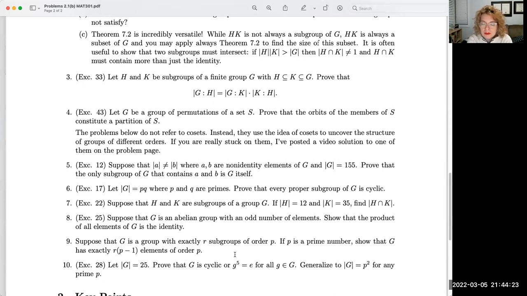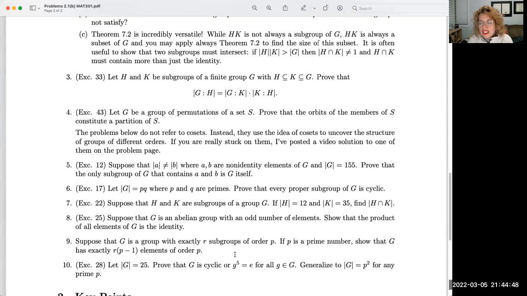In the final one, we have a group of order 25, and we want to either show that G is cyclic or that G to the power 5 is equal to the identity. So if G is cyclic, then we have an element of order 25, and we're done.